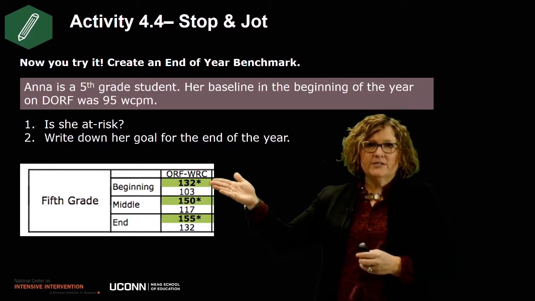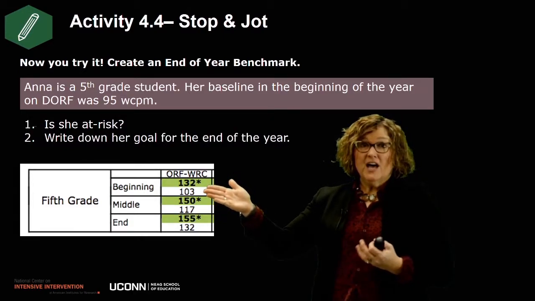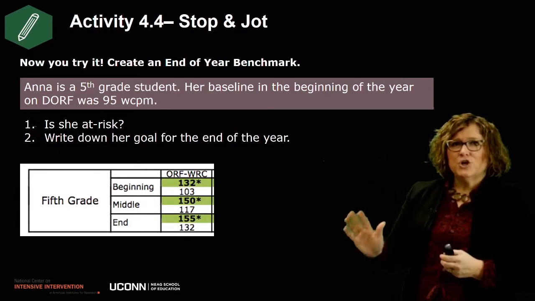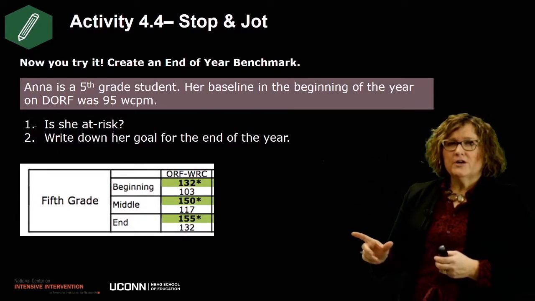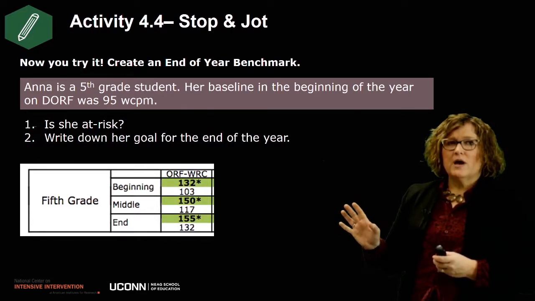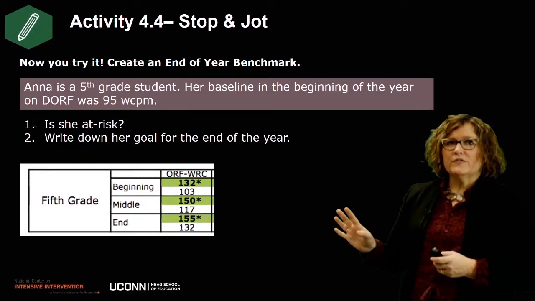Remember that top box in green is the benchmark. The bottom box is like the cut point for risk. So I want you to stop and jot down and then share with a partner. Is she at risk? 1, is Anna at risk based on her baseline beginning score? And then what would be her goal for the end of the year? Okay, so take a minute to do that.